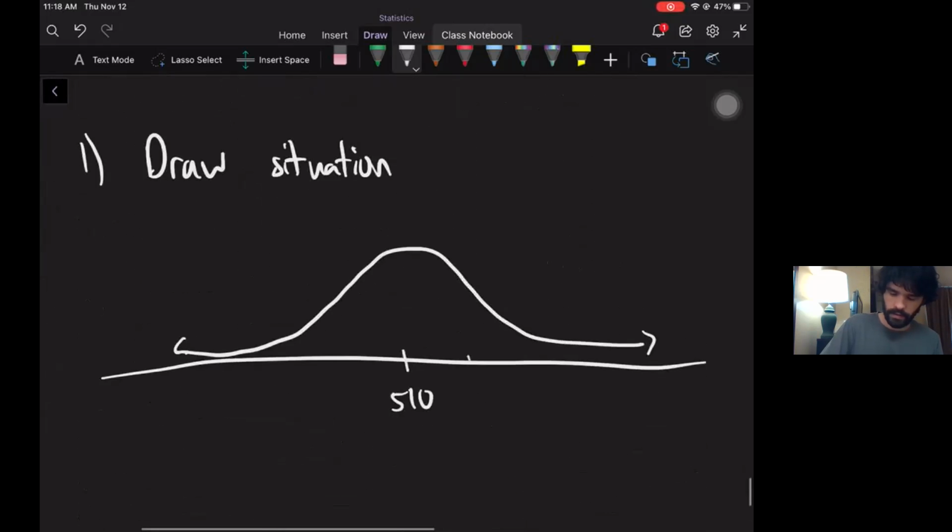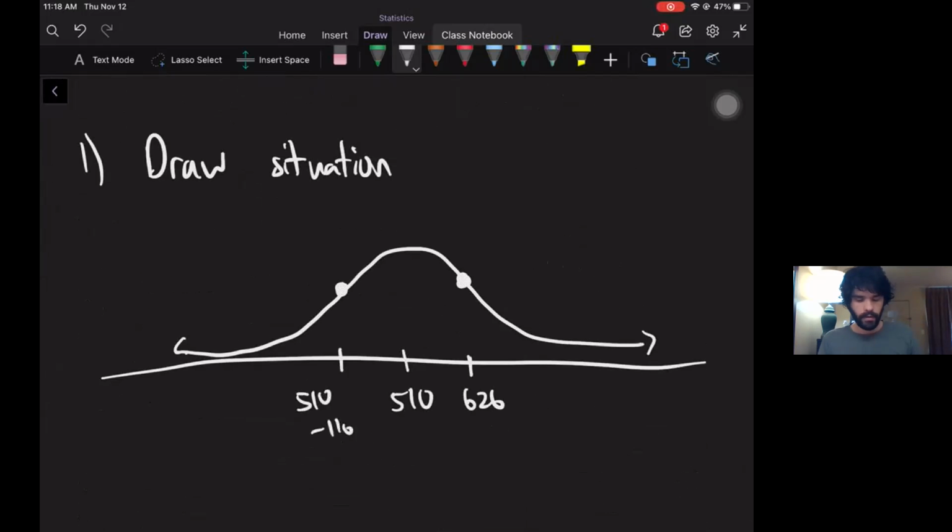So that's going to tell us these two inflection points. If I add 116, what is that? 626. And I can't subtract in my head, so let's write this. That's that one.